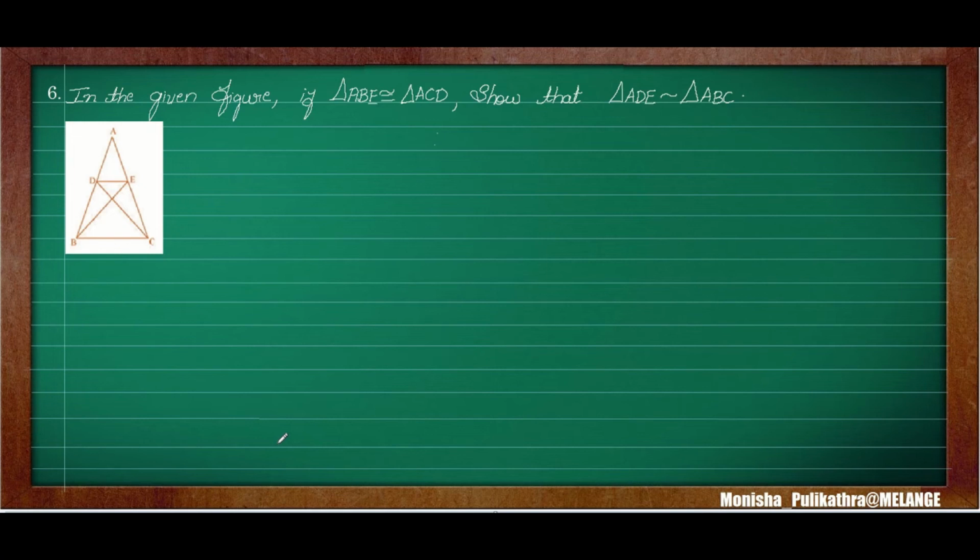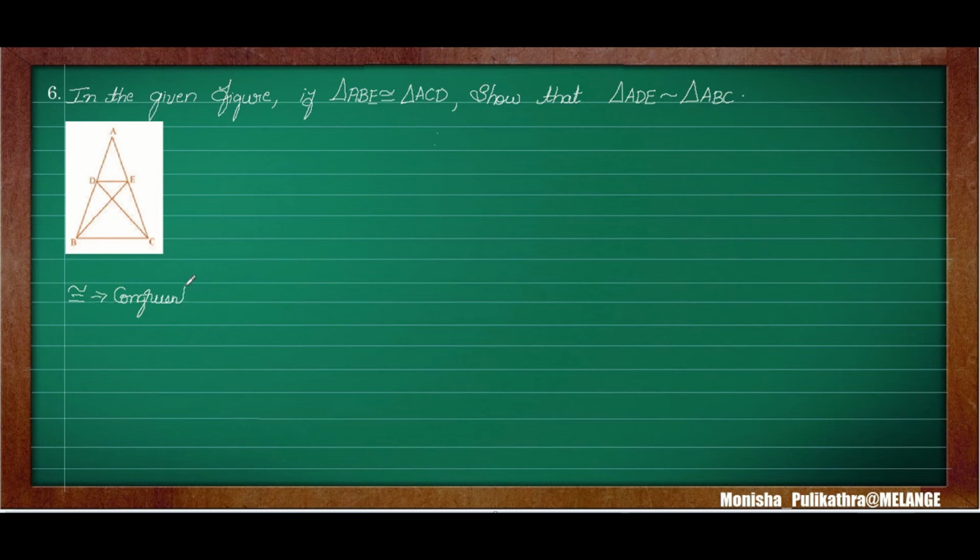The sixth question is, in the given figure, triangle ABE is congruent to triangle ACD. They have given that it is congruent. I will tell you the symbol. If this symbol is given, it is called congruent.